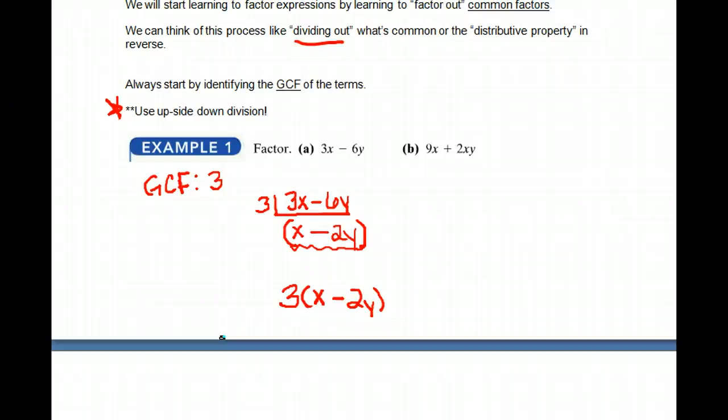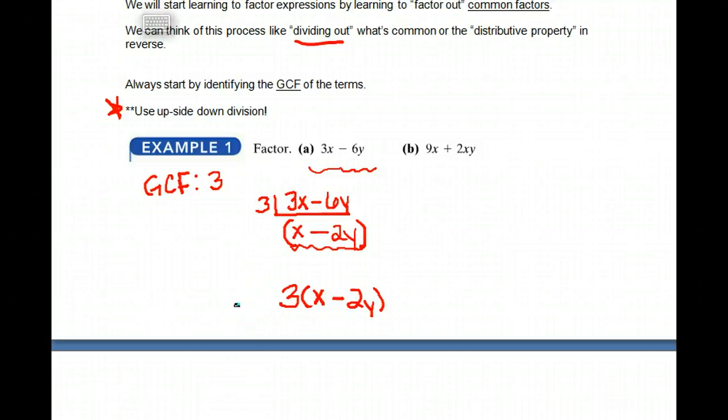We now have a factored expression. And if you were to use the distributive property and multiply that 3 back in, you would see that we would get right back to where we started with 3x minus 6y. That's how the upside down division method works.